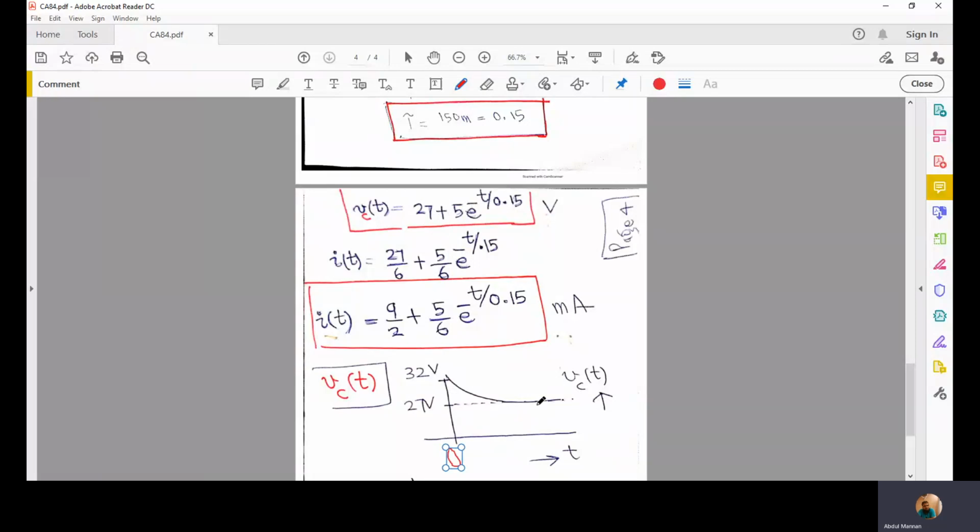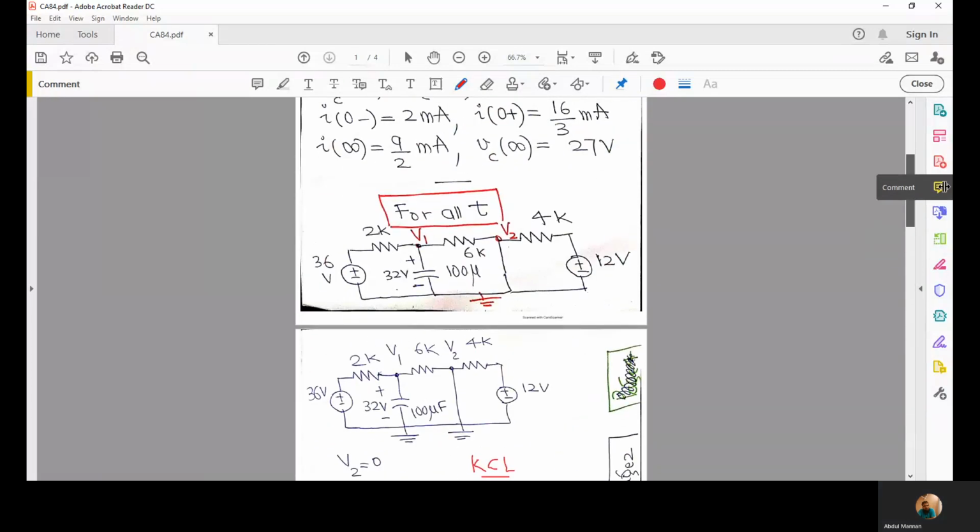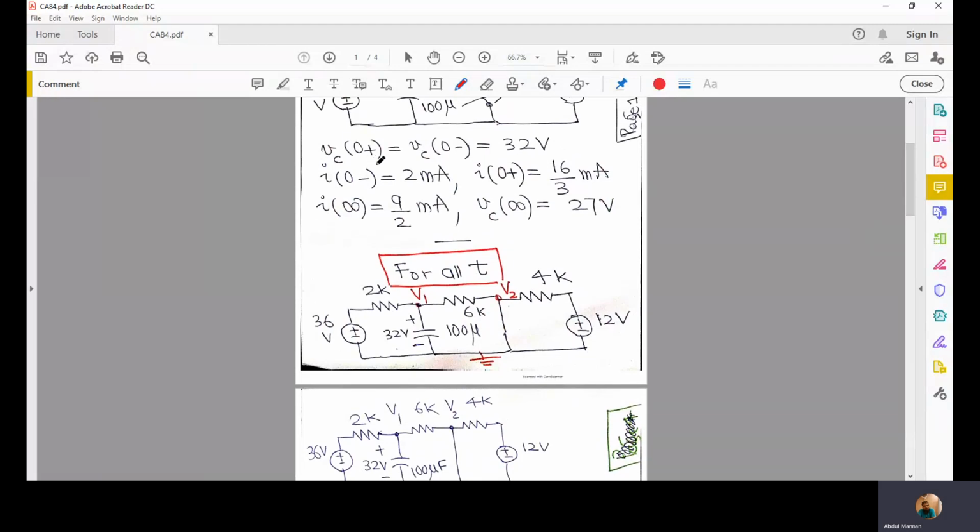So at time t equal to infinity, this is 27, and this is the same we computed in last lecture. V sub C at infinity was 27 volts, computed by us using another way.